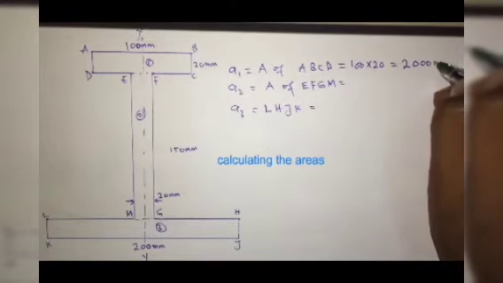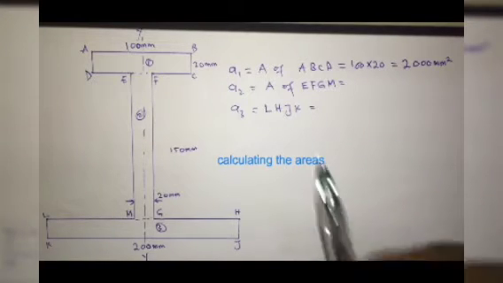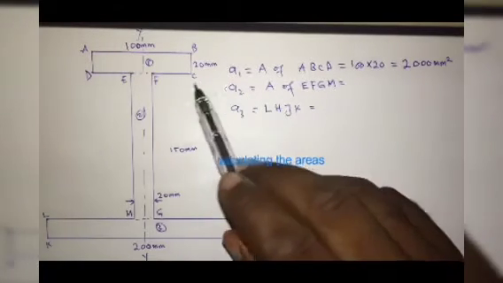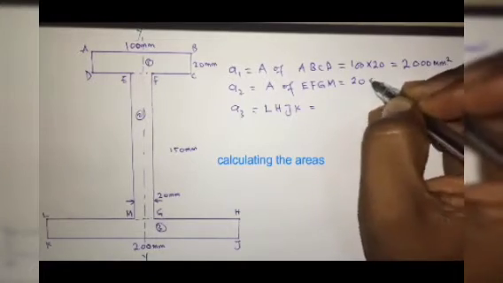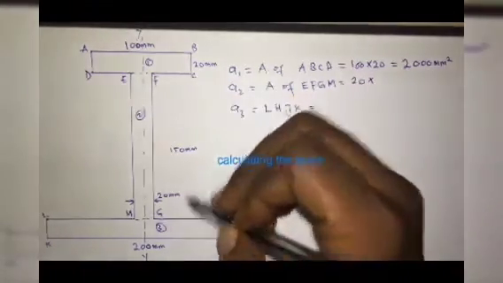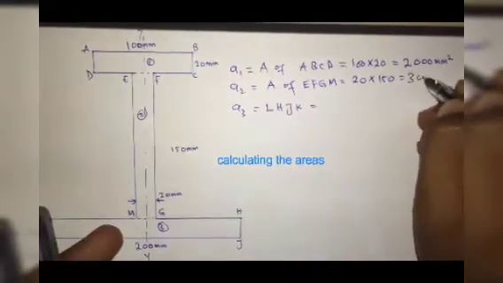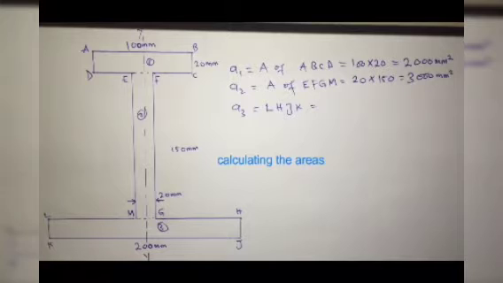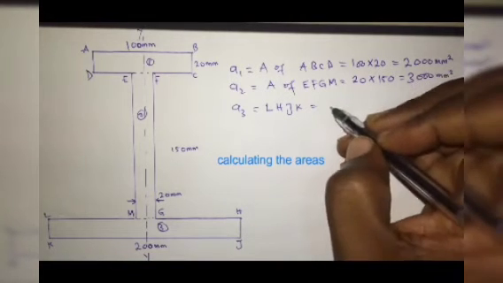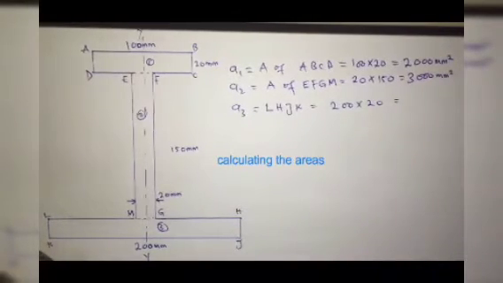The next is the area of rectangle EFMG, which is 150 by 20, so we have 20 times 150, which is equal to 3000 millimeters square. Then the last rectangle, NHJK, is 200 by 20. You're going to have 4000 millimeters square.